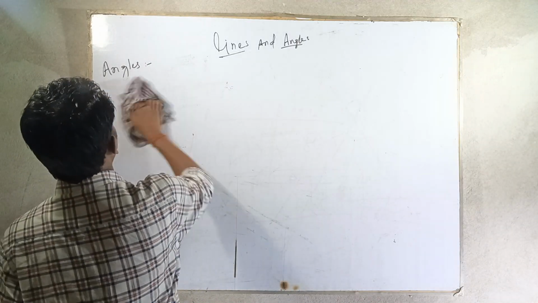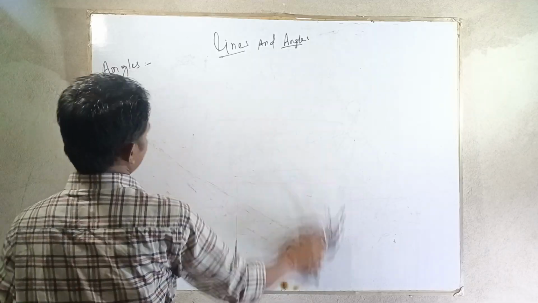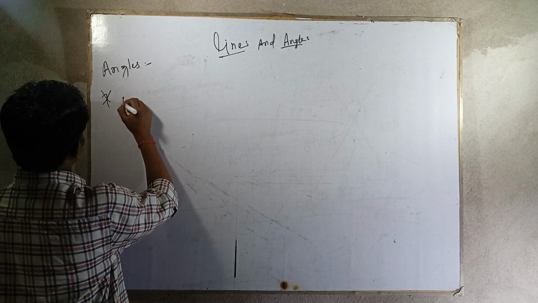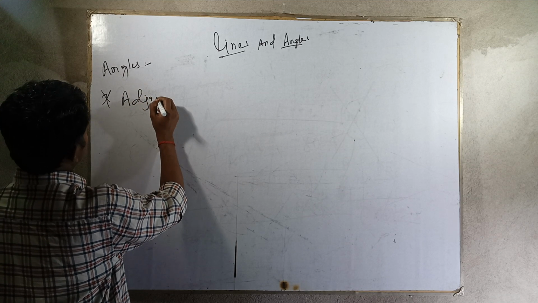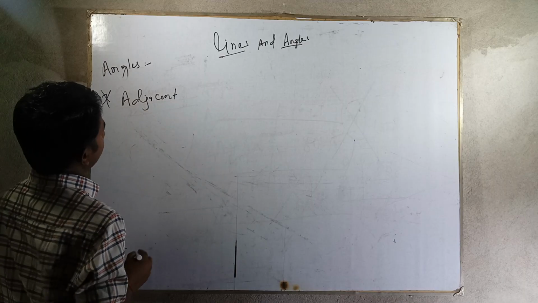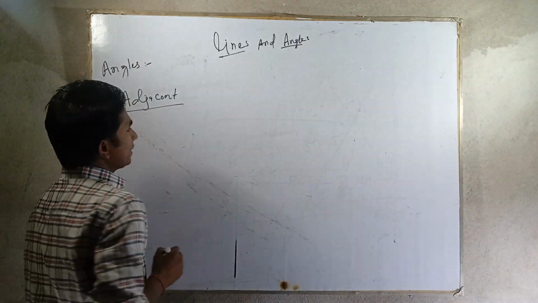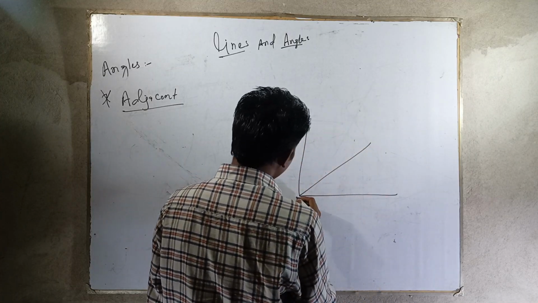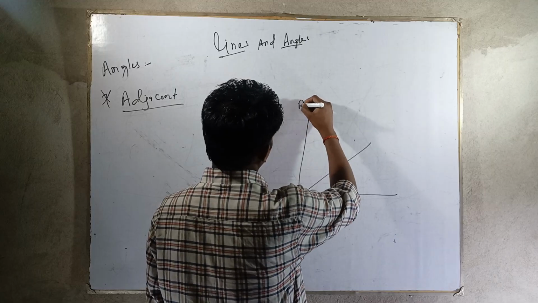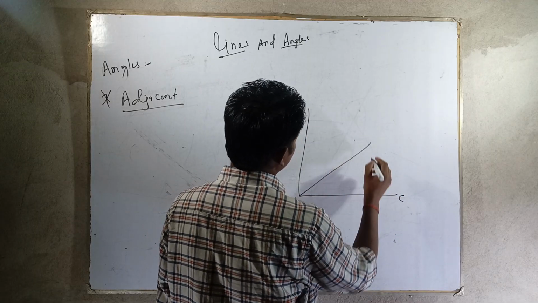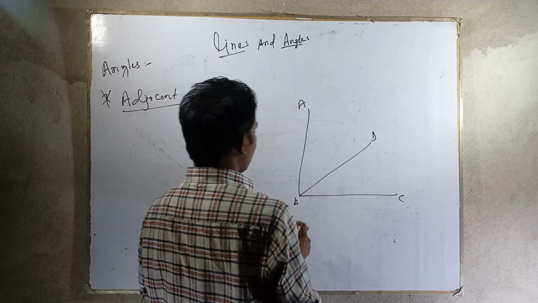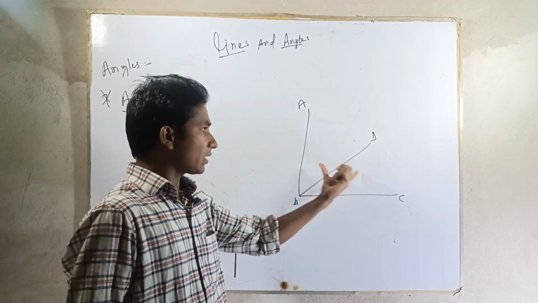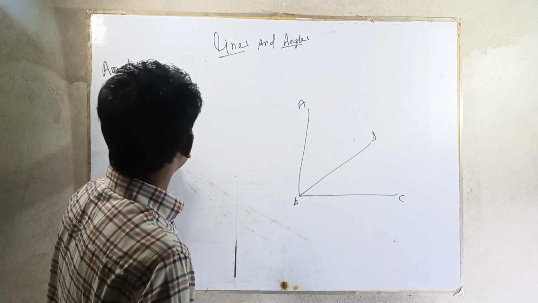Next is adjacent angle. What is this? This is an adjacent angle when there is vertex A, B, C, and this one is D. When a vertex is common and one side is common, this is called an adjacent angle.